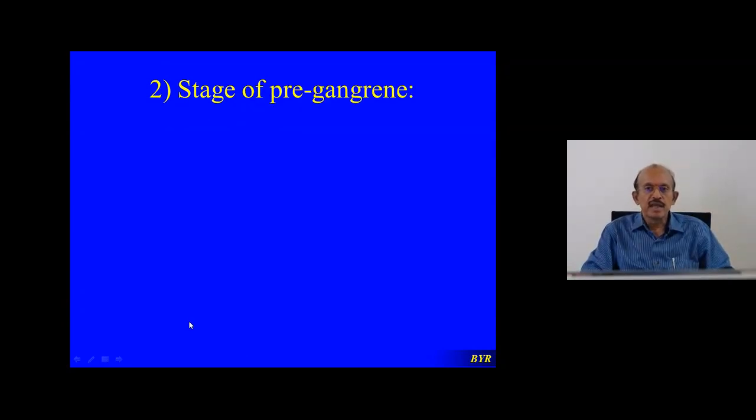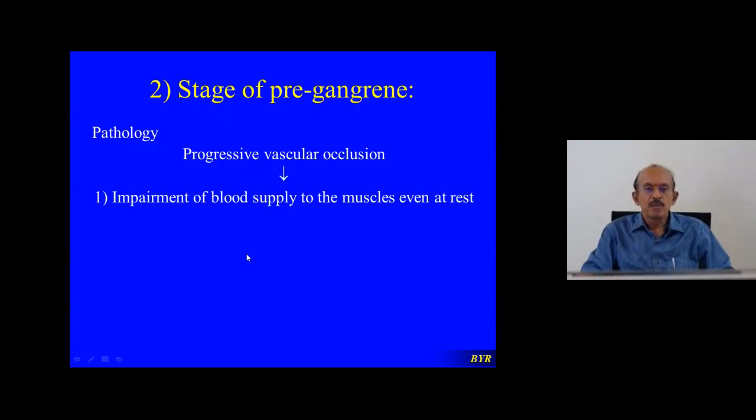Next is stage of pregangrene. The occlusion has gone up to 50%, let us suppose. There is impairment of blood supply to the muscles even during rest. Even during rest, the amount of blood that is supplied to the muscles is inadequate.